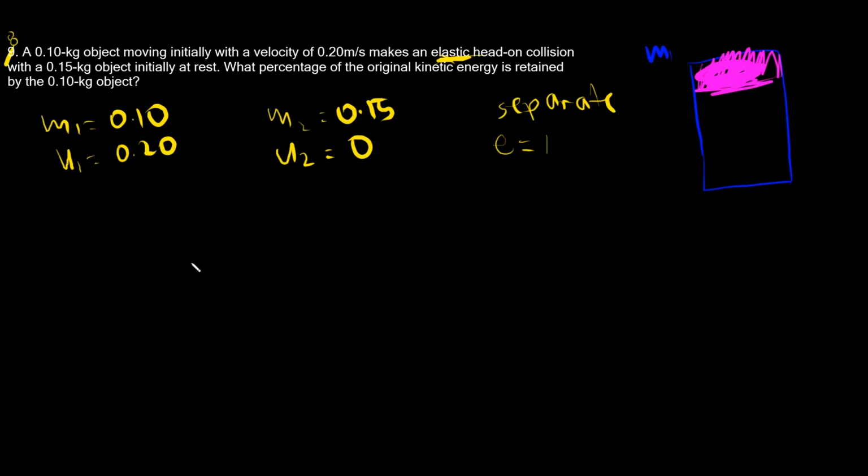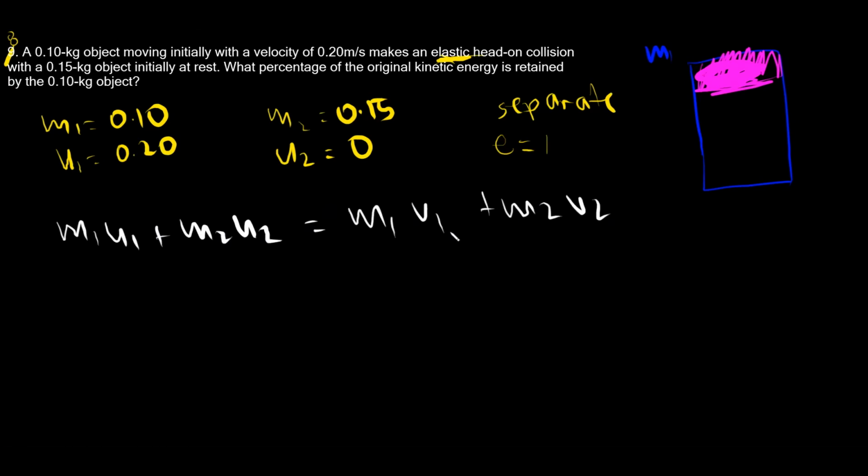So, solving for the final velocities, you have m1 u1 plus m2 u2 is equal to m1 v1 plus m2 v2. The initial velocity of mass 2 is 0.